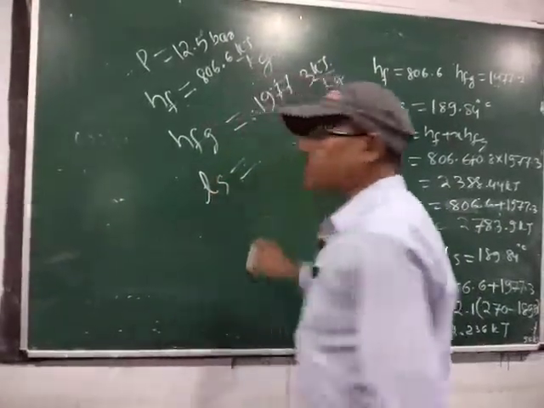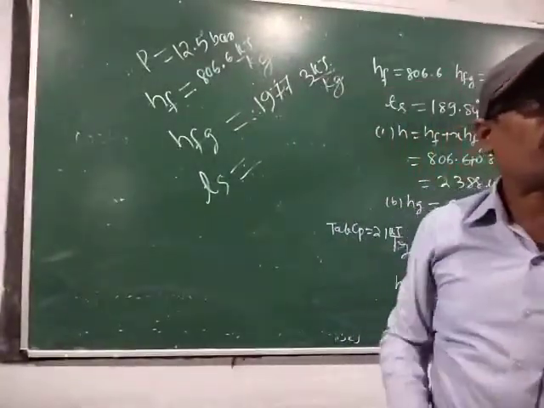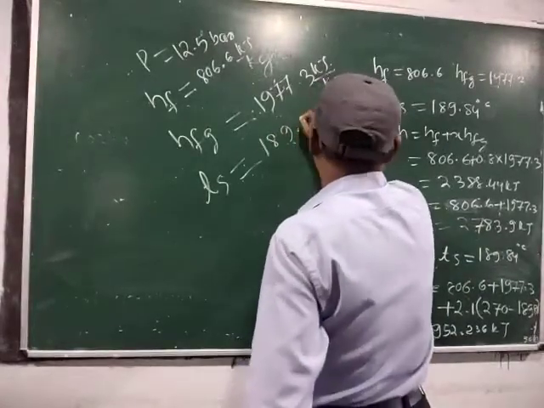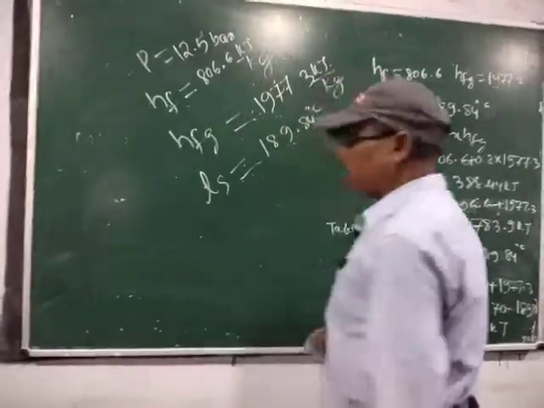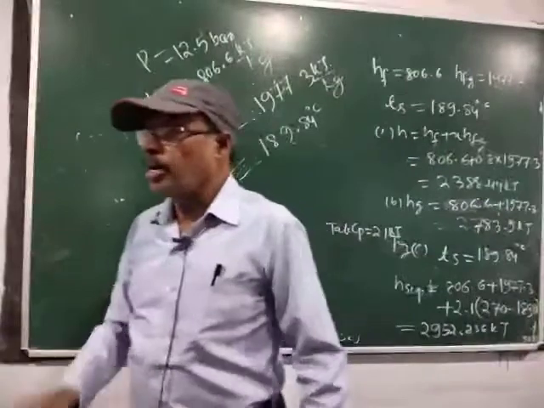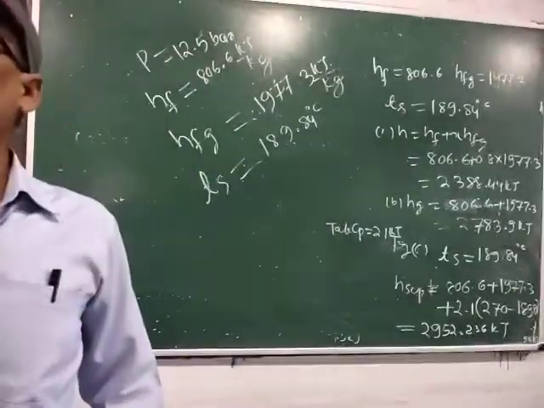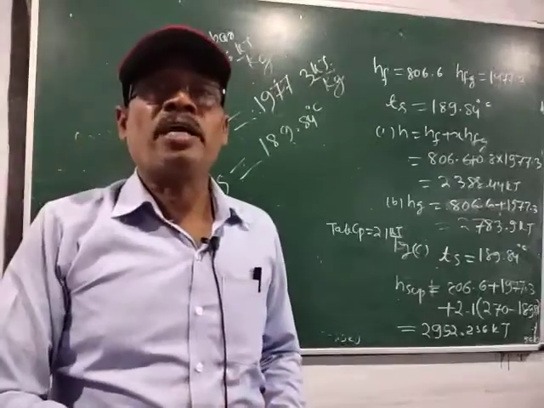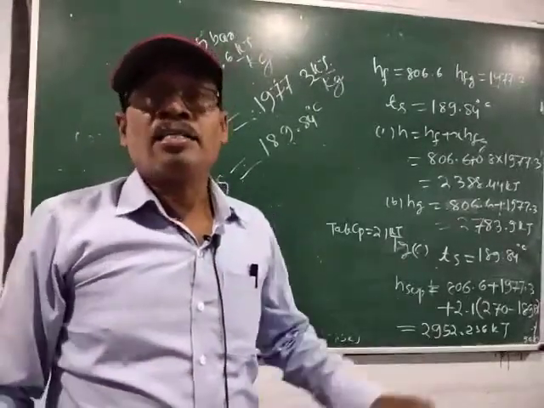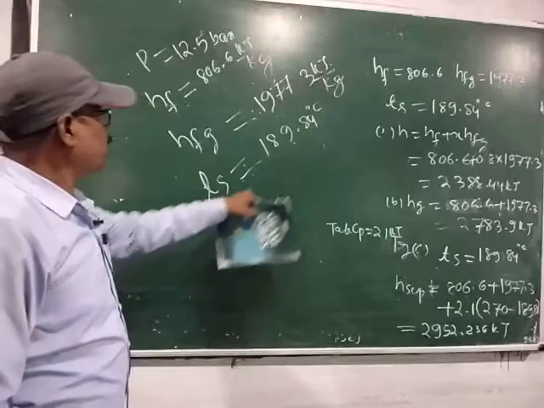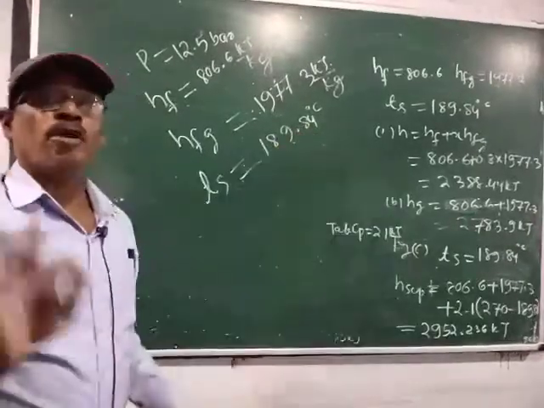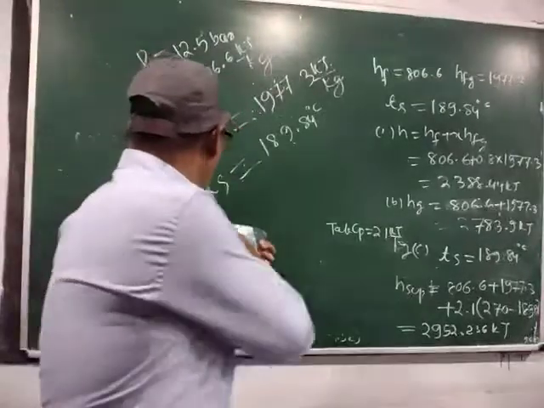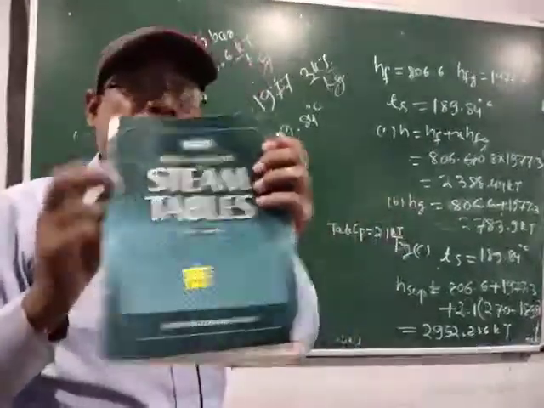TSA, that means saturation temperature, is equal to 189.84 degree centigrade. But here the given temperature is 270 degree centigrade. But at pressure P 12.5 bar, saturation temperature is 189.84 degree centigrade. From these values we find out from steam table.